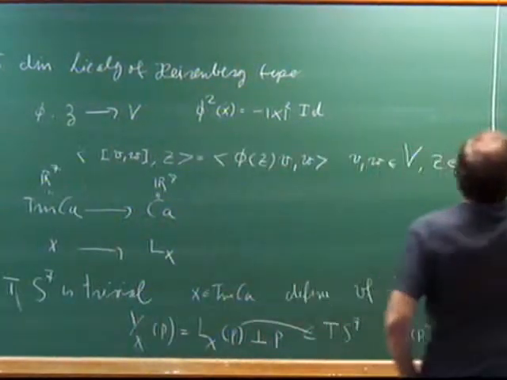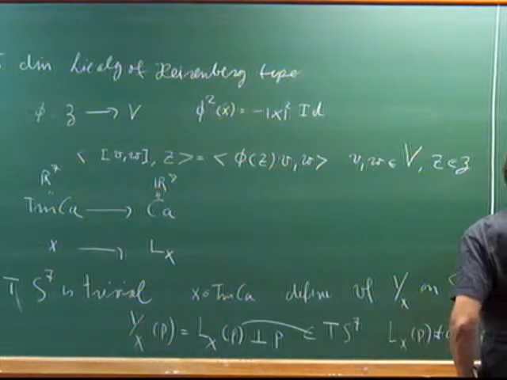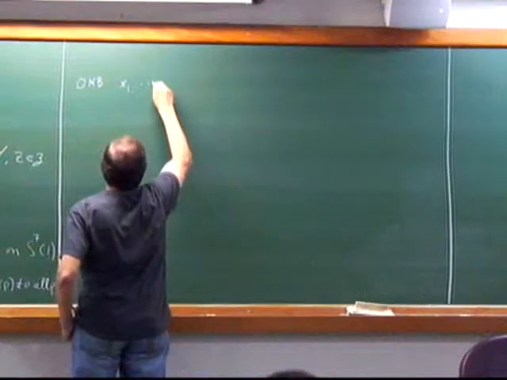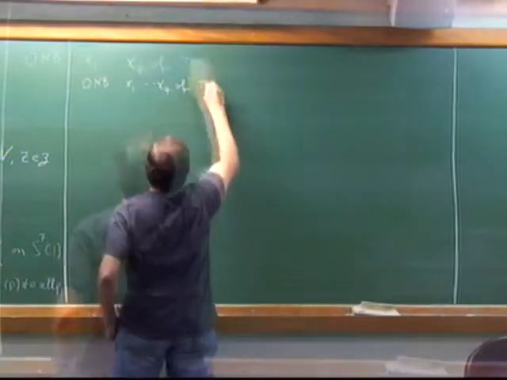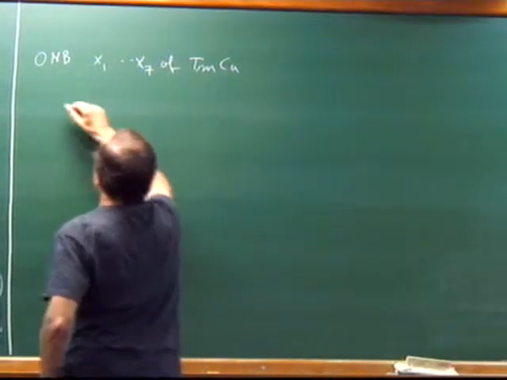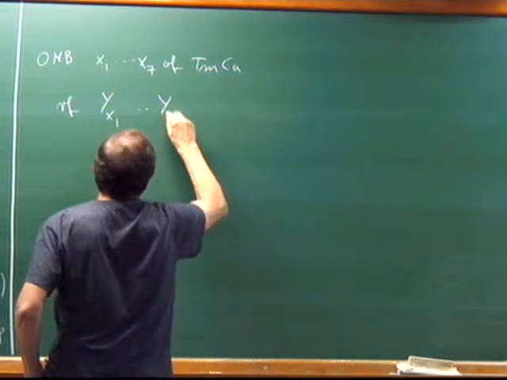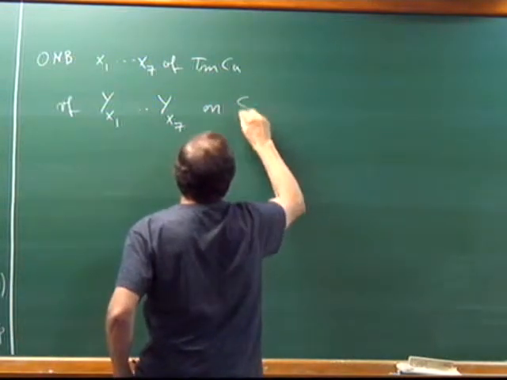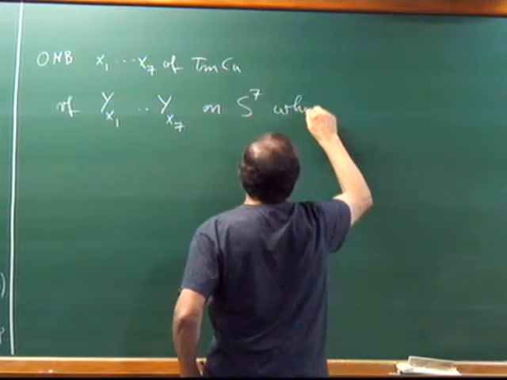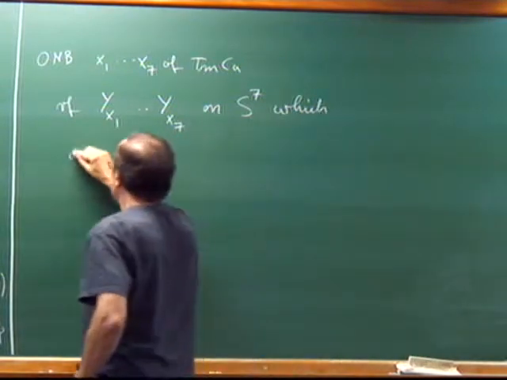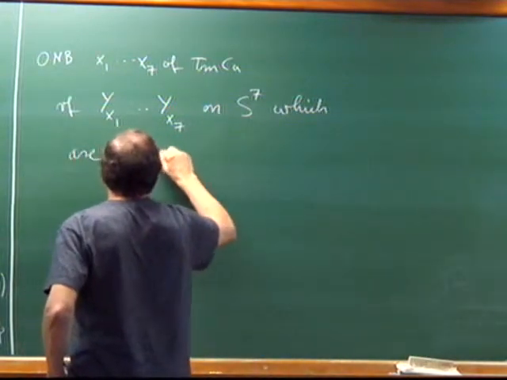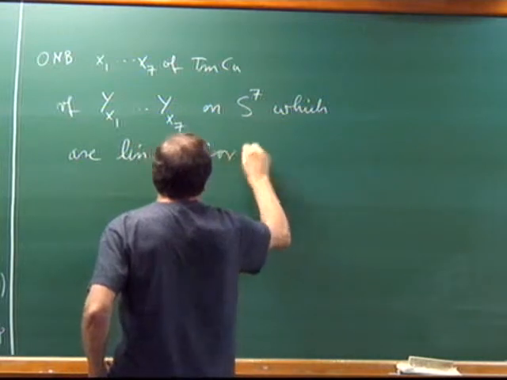So it gives me a non-vanishing vector field on the tangent bundle of the sphere. If I take an orthonormal basis x1 up to x7 of the imaginary Cayley numbers, I get vector fields Y_x1 up to Y_x7 on S7, which are linearly independent at all points.